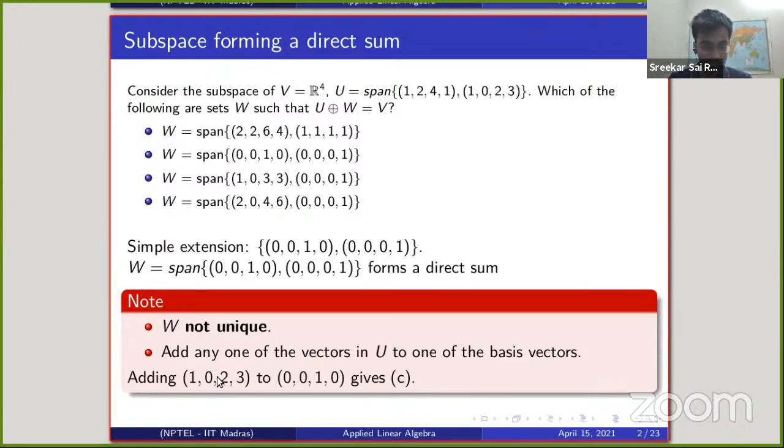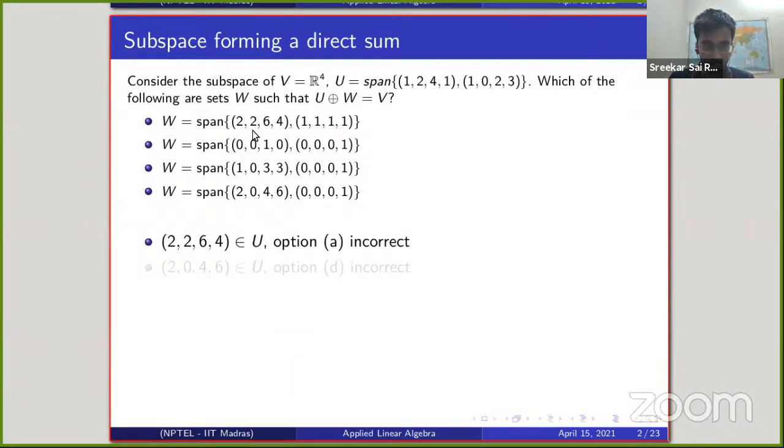So 1, 0, 2, 3 plus 0, 0, 1, 0 gives the vector in option C, 1, 0, 3, 3. As you can see, it's pretty obvious that 1, 0, 3, 3 cannot be formed by a linear combination of the other vector, which means this is also a linearly independent combination, which along with U forms the direct sum to form V.